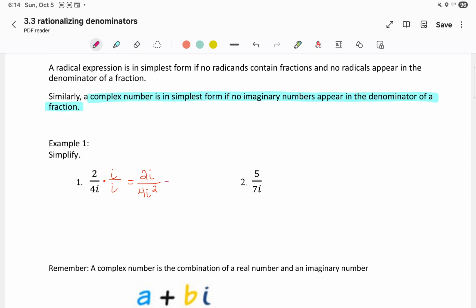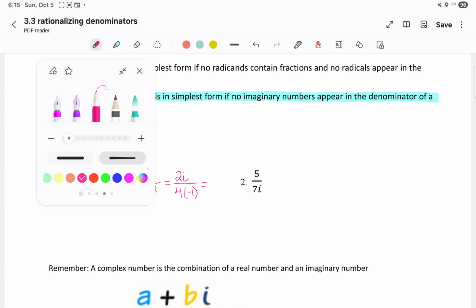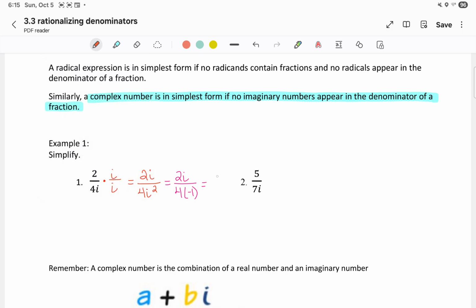And then that is equal to 2i over 4 times negative 1. And then this gives us 2i over negative 4. And that leads us to a negative i over 2.